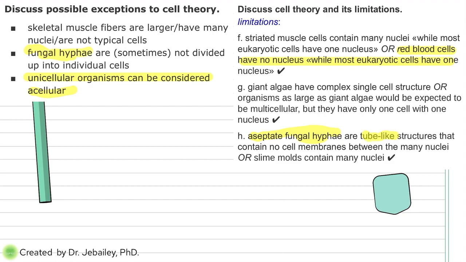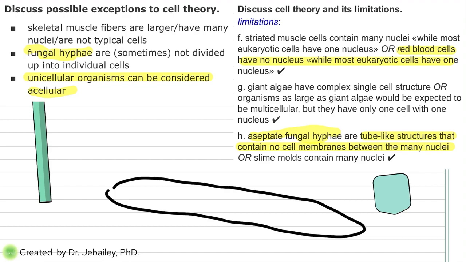But it says tube-like structure that contains no cell membranes between many nuclei. So that means, I'm doing the drawing again so you understand. Imagine this: you have the nuclei here, and they barely have a cell membrane separating them. They don't have that.